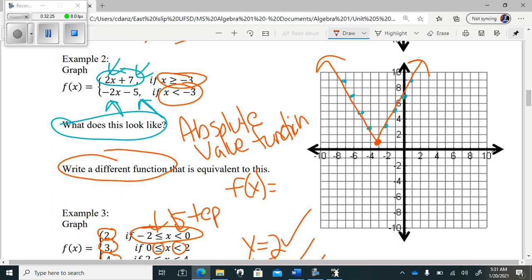It was up 2 over 1. The vertex is at -3, 1. So there I go in vertex form. This shows a vertex of -3, 1. This shows a narrow v going up 2 over 1.